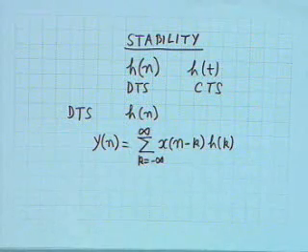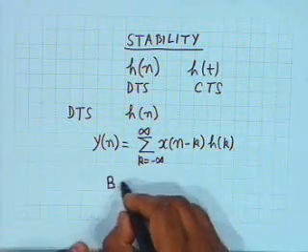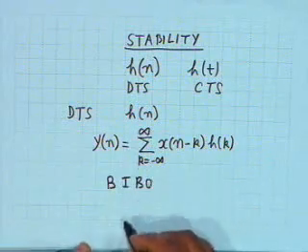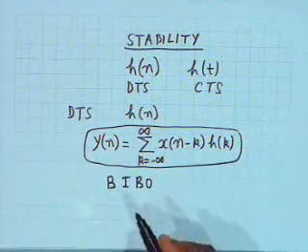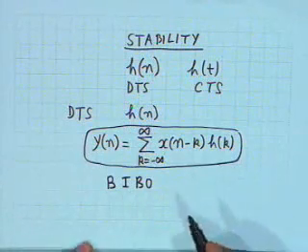And the stability that we are trying to investigate is the BIBO stability, that is bounded input should lead to bounded output. Now let us see how this relationship, the convolution relationship, gives you a condition on stability of the system.